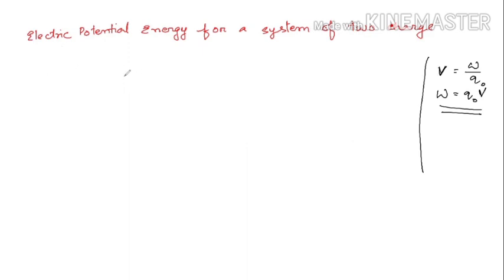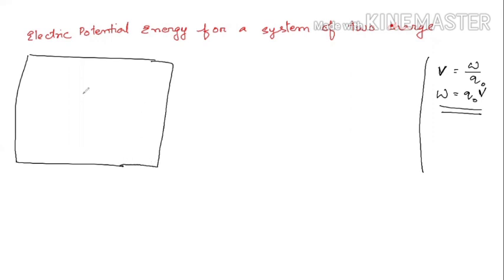So first, we will consider a certain region. This is any space, and in this space you have no charge. Since you have no charge in this space, at every point you have no potential. So the potential at every point inside this box is 0.